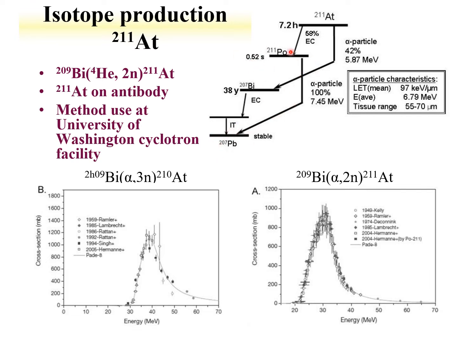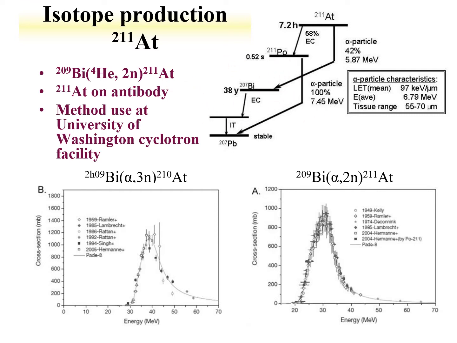This decays by alpha, so you have electron capture followed by an alpha, or 42% of the time you get the astatine-211 decaying to bismuth-207, and that bismuth-207 has a half-life of 38 years. So nominally this bismuth-207 would be excreted by the body.